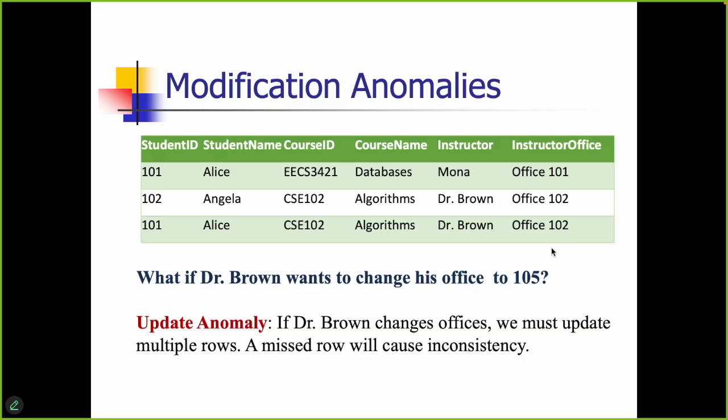This table is very small, just for example purposes, but in real-world cases you have tables with thousands or millions of rows, and it is not efficient to update one specific value in thousands of rows. It doesn't make sense. Also, in case of manual update, if you forget to update one row, then your database becomes inconsistent.